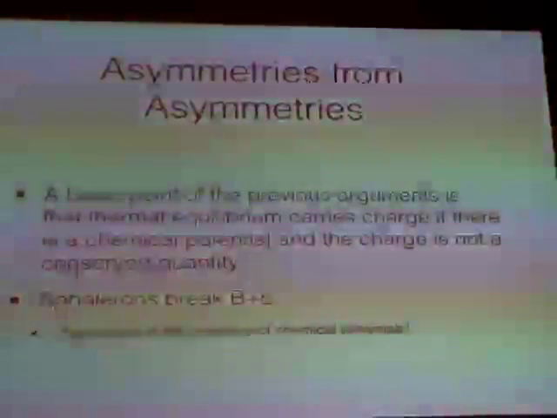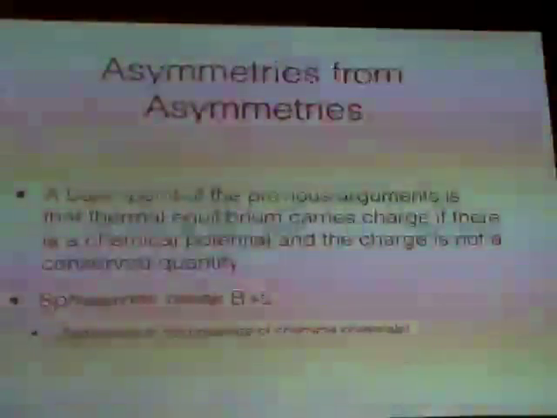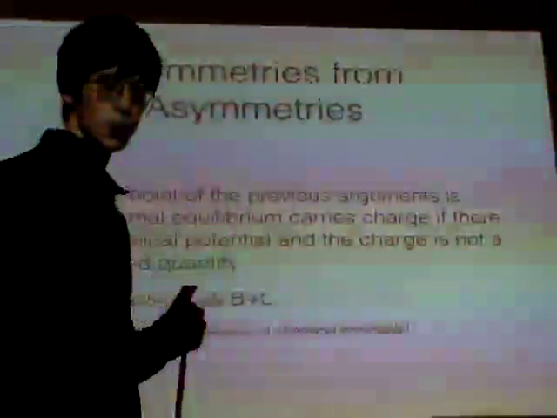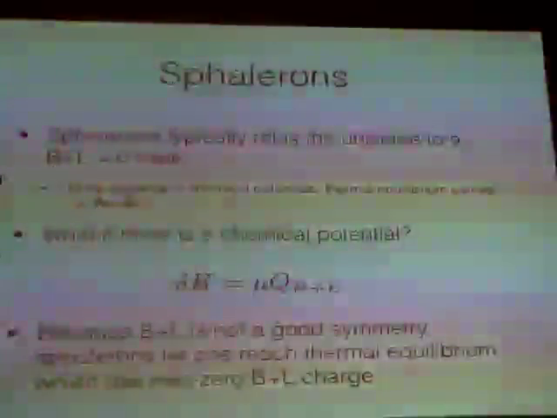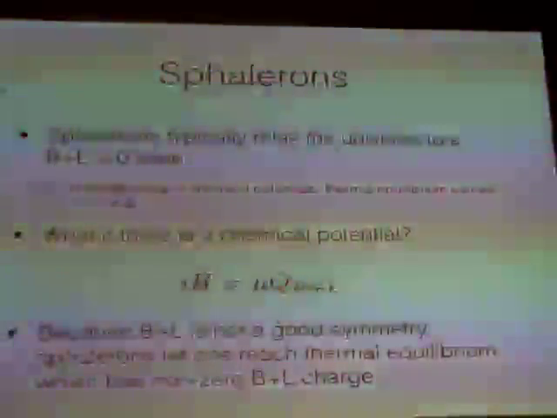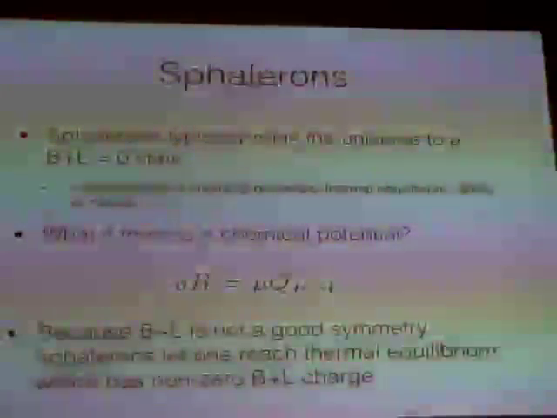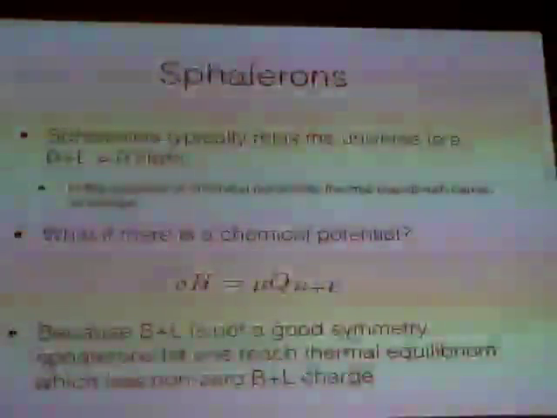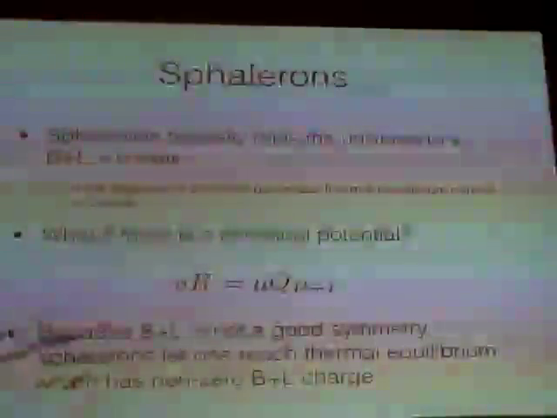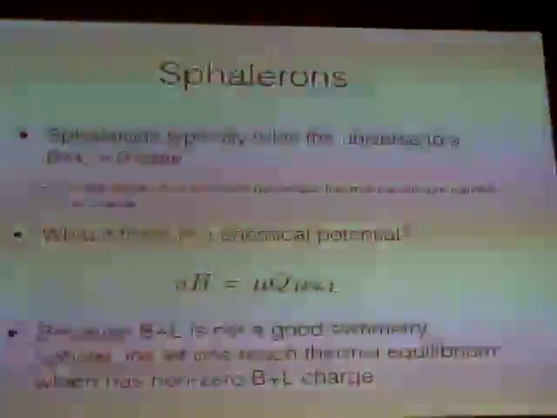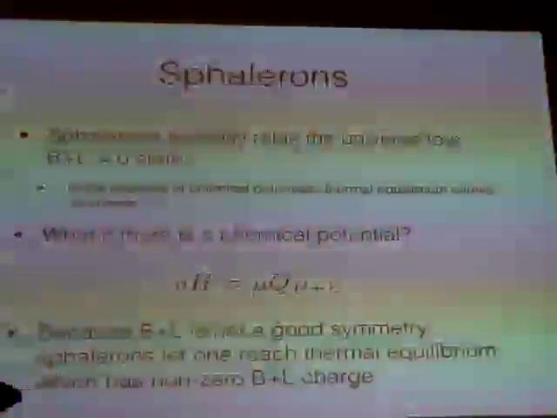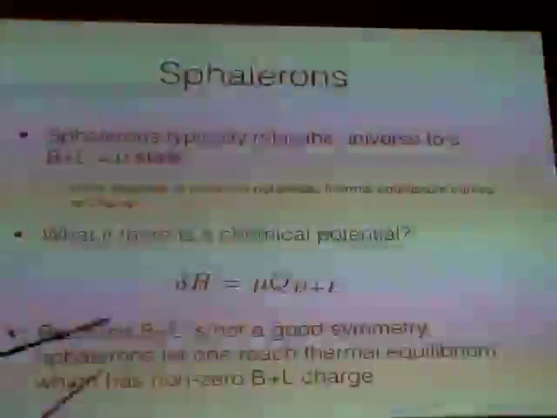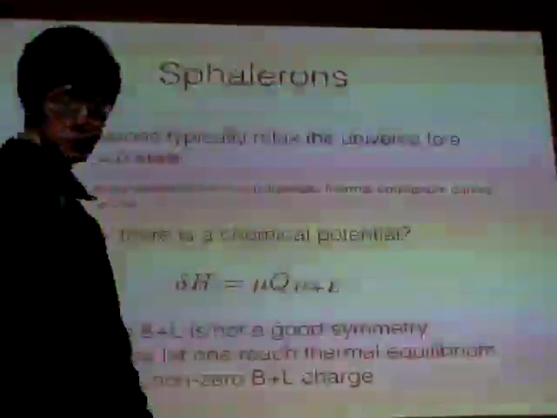In particular, sphalerons break B plus L, and so if you have sphalerons in the presence of a chemical potential, rather than relaxing you to the B plus L equals 0 state like they normally do, they would relax you to a state which has non-zero B plus L. So if there is a chemical potential for B plus L that is non-zero when the electroweak sphalerons freeze out, then the sphalerons themselves will be doing baryogenesis for you. This is an amusing way of doing electroweak baryogenesis.